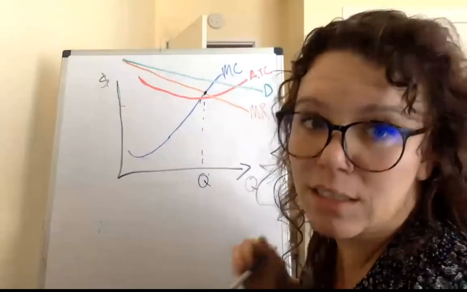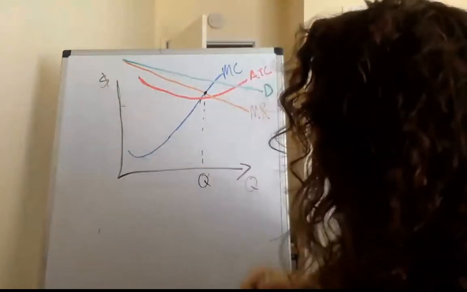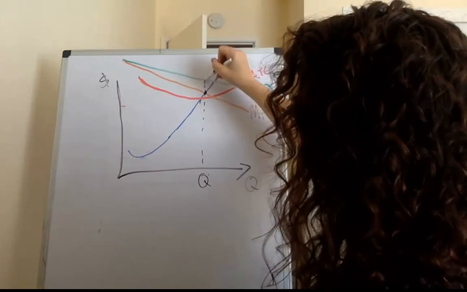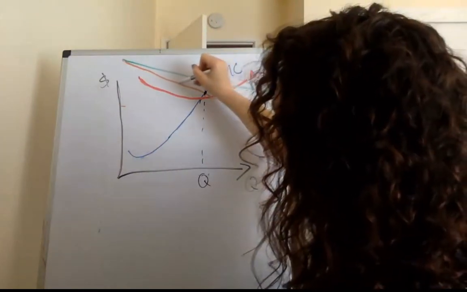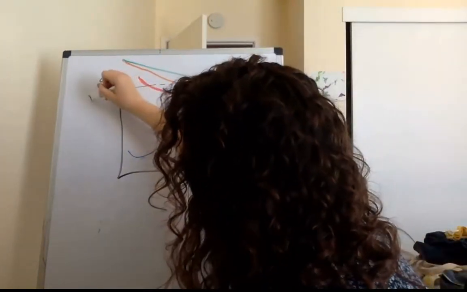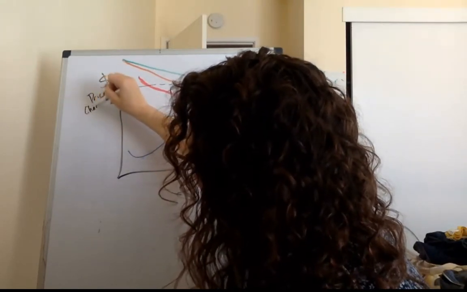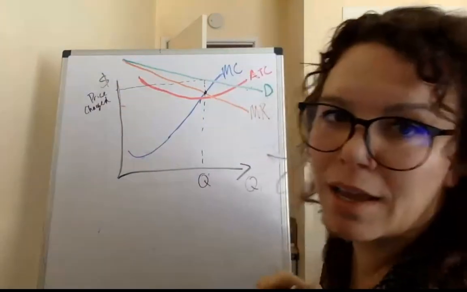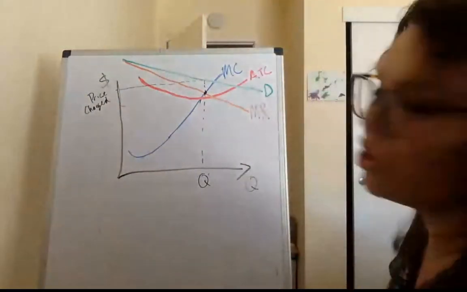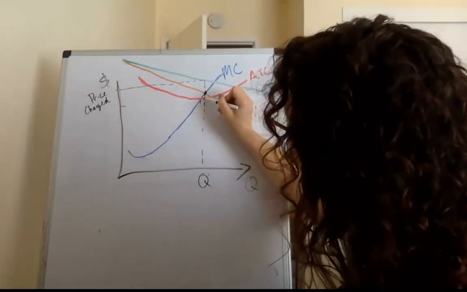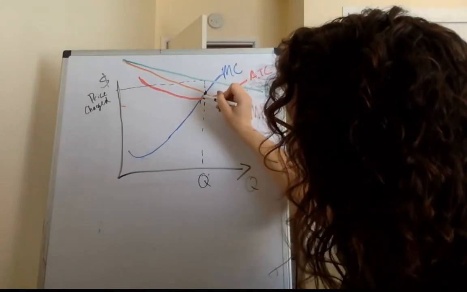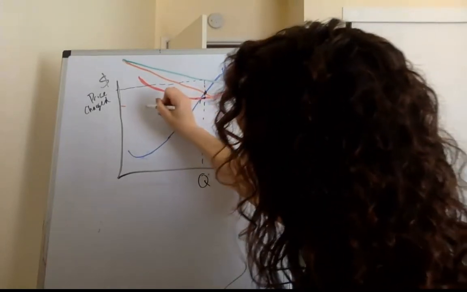That's the profit maximizing quantity. I'm going to charge a price based on the demand curve. So that's the price charged to consumers. And then I'm still, just like in perfect competition, going to have to face some average total cost associated with that.